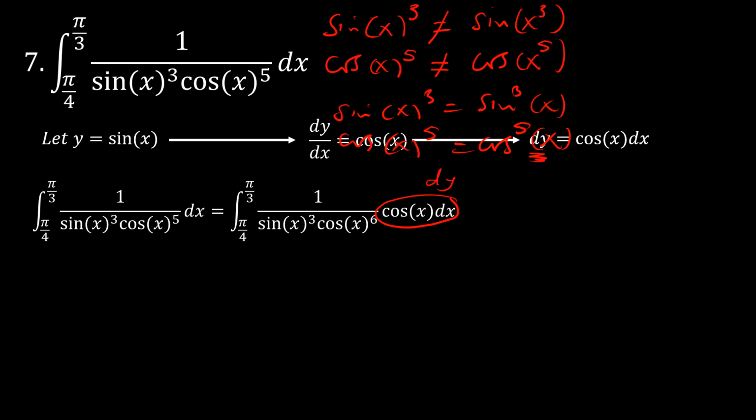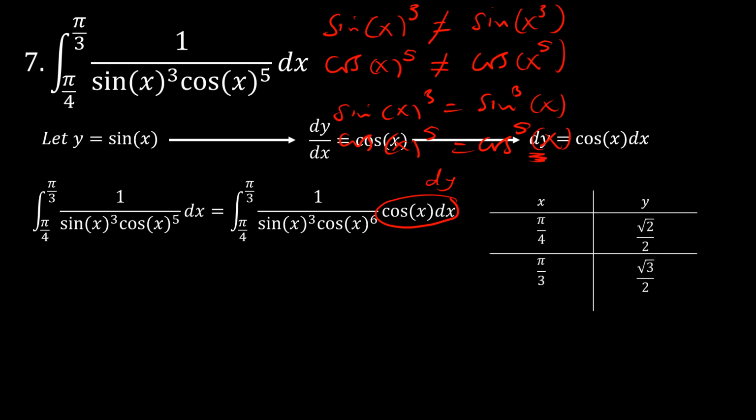Another thing we want to do is change the limits. When x equals pi over 4, y is root 2 over 2, or 1 over root 2, however we want to say it. And when x equals pi over 3, y is root 3 over 2. So now we can replace the limits with lower limit root 2 over 2 and upper limit root 3 over 2.